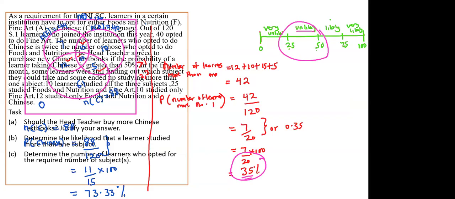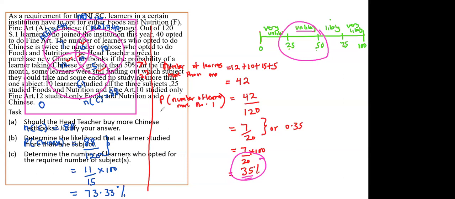Then the last part: determine the number of learners who opted for the required number of subjects. In simple terms, they wanted you to find out the numbers who opted for those particular subjects.